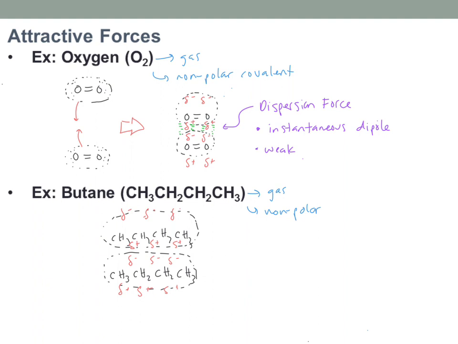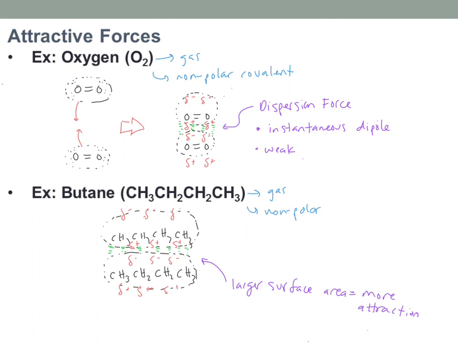Now, if you look at this, since this molecule is bigger, there's a lot more surface area to it. And since there's more surface area, there are more places for attractions. So a larger surface area means more attraction, because there's simply a larger surface. It's like having a little piece of Velcro versus a big piece of Velcro. The bigger the piece of Velcro, the more stuck together everything can be.